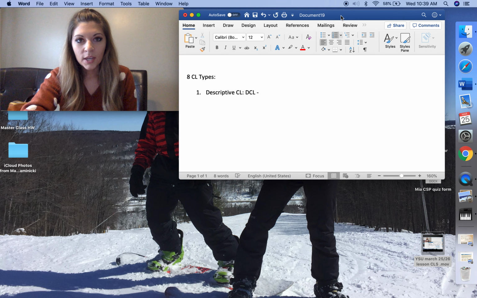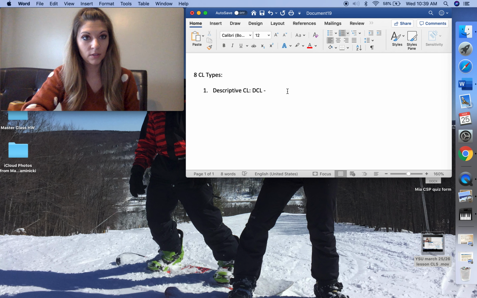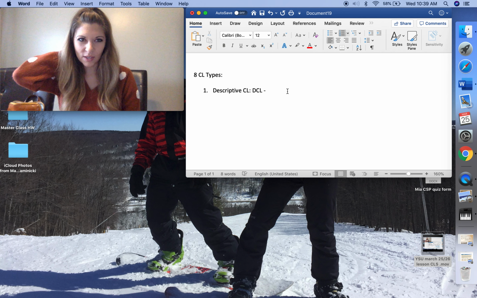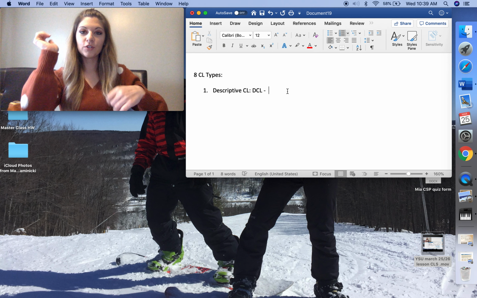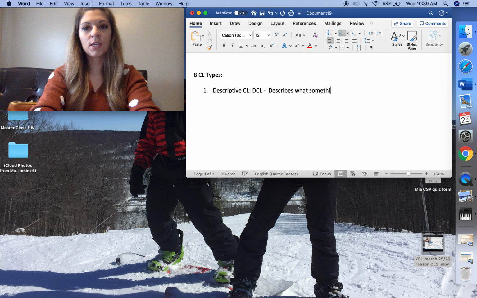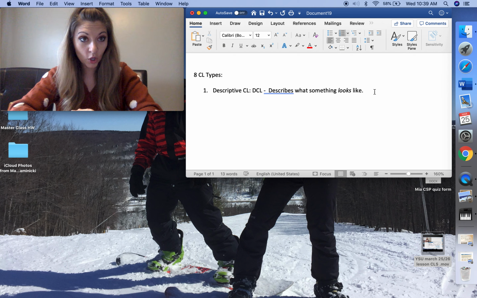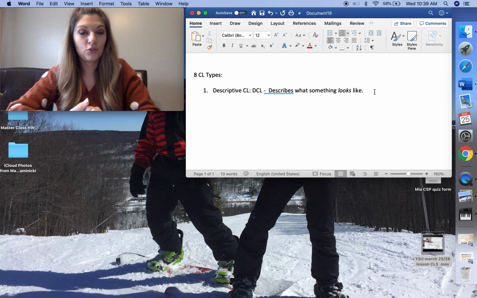Okay, so every classifier that you use is going to fall into one of these types. And that's how you're going to know if you're using them correctly as well. So a descriptive classifier obviously describes what something looks like. So our key word here is looks. So anything you describe how it looks is going to be a descriptive classifier.